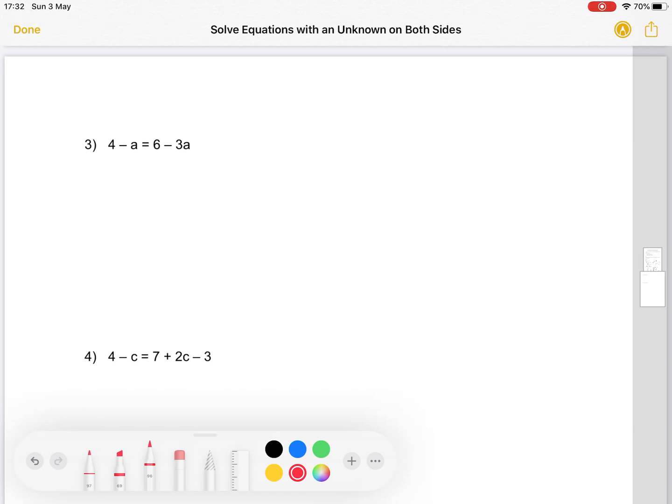Now, boys, as letter terms, we have negative 1a and negative 3a. The smallest, -3, is smaller than -1. So the smallest is -3a.